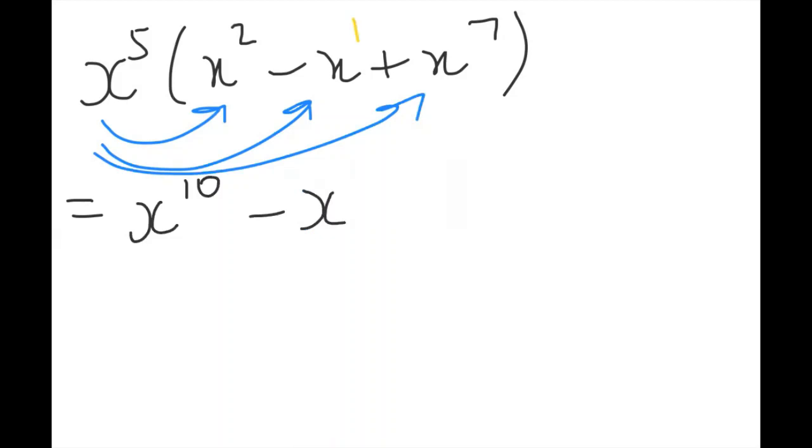So 5 plus 1 is 6. And the last one is going to be x, 5 plus 7, which is 12. And for now, we're just going to leave it like that. Just double checking. That times that is minus x^6. And x^5 times x^7 gives us x^12.